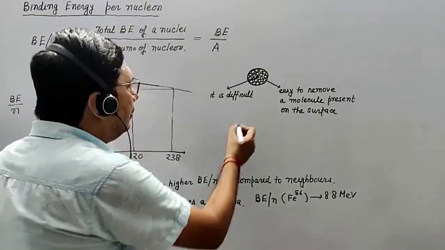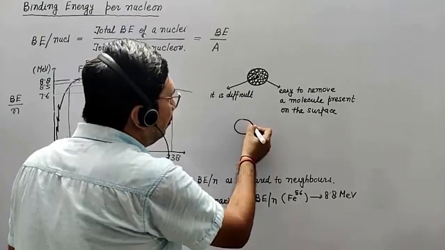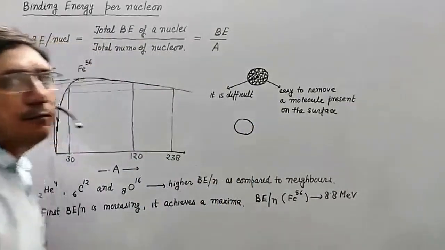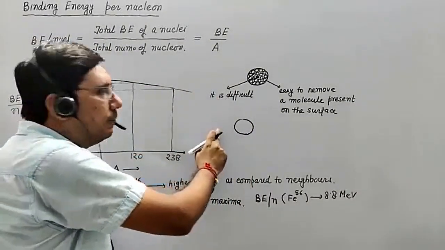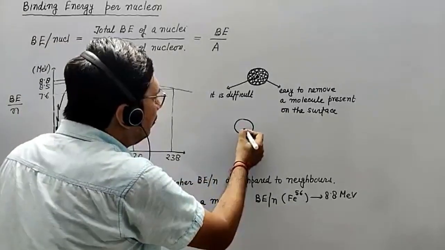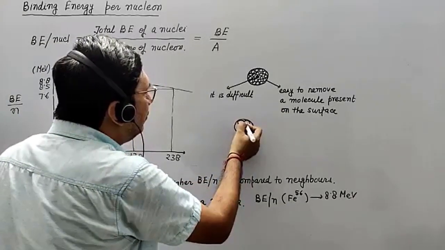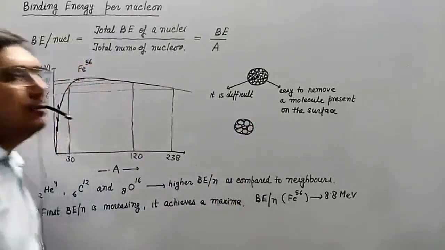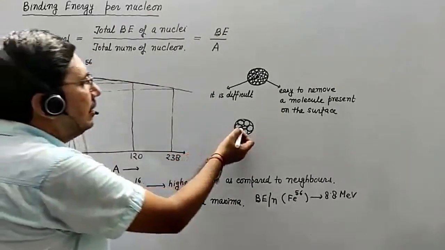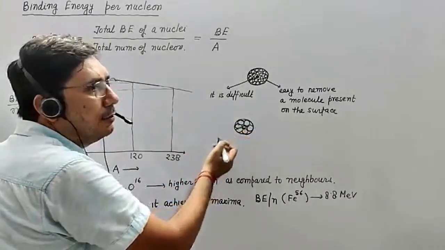A similar thing is happening in the nucleus. If the size of the nucleus is small, most of the nucleons will be on the surface. Here you are observing that only one nucleon is well inside, and the other nucleons are present on the surface.